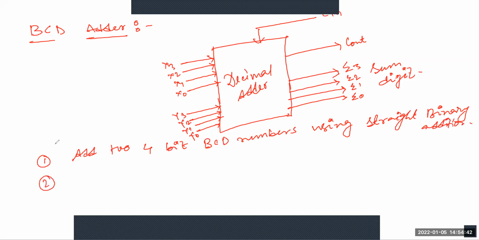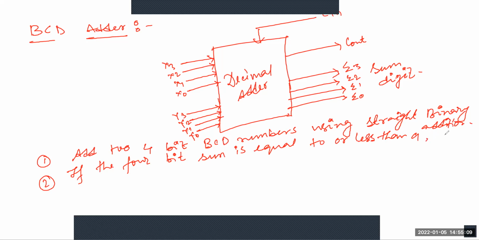Number 2, if the 4-bit sum is equal to or less than 9, the sum is in proper BCD form, and no need for correction.